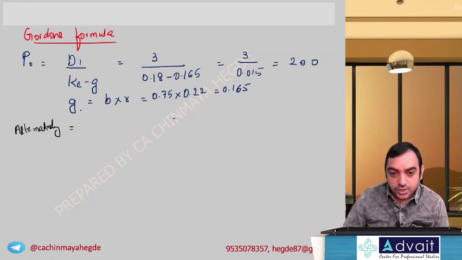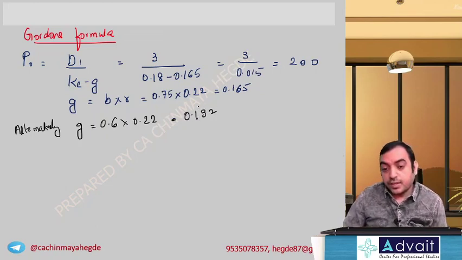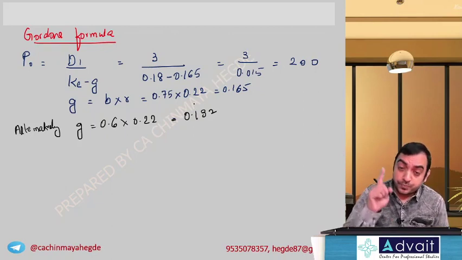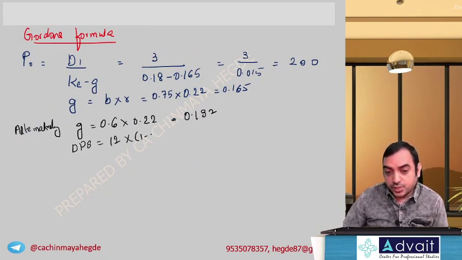same formula we use, g equals b into r. If I use a retention ratio of 60%, 0.6 into 0.22 is 0.132, about 0.13. But in that case, I have to compute a different dividend. The dividend equals earnings per share of 12 rupees into 1 minus retention ratio.